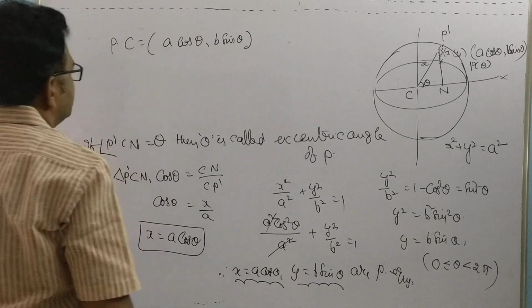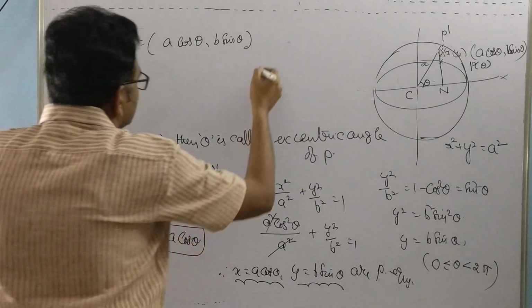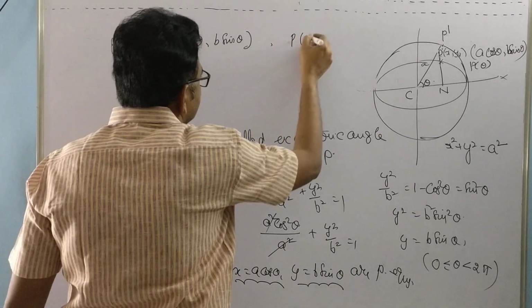These are called parametric coordinates, and it is also denoted by P theta.